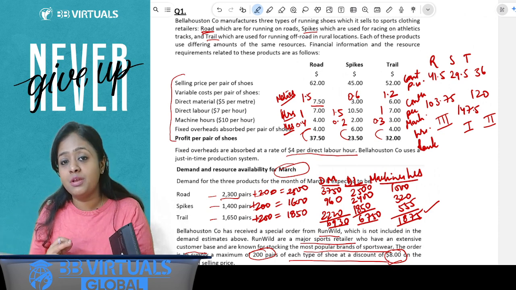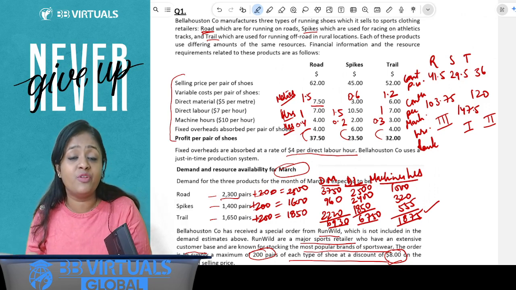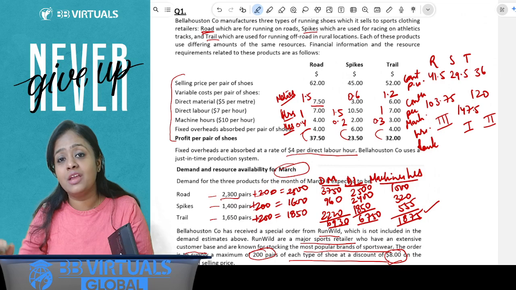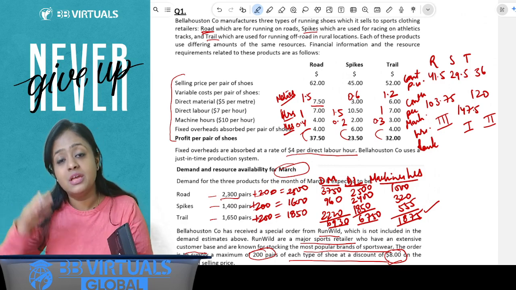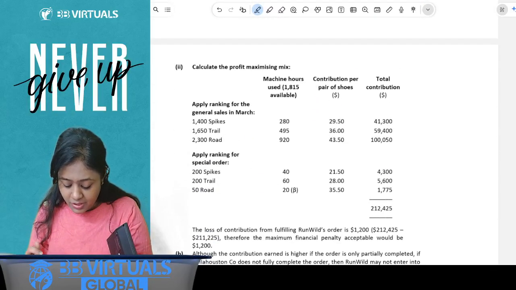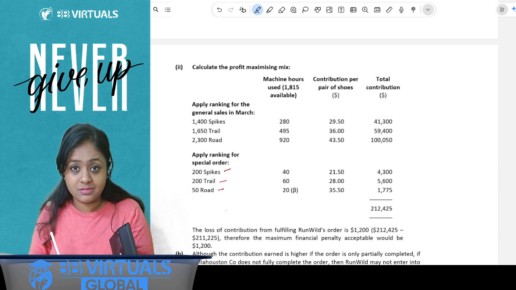And now you will allocate the hours to the different products for the manufacture of these Runwile products in the same ranking of contribution. That means first we'll make for spike, then trail, and then road for the remaining hours. Similarly, look here at how we are going to do it. Got it?